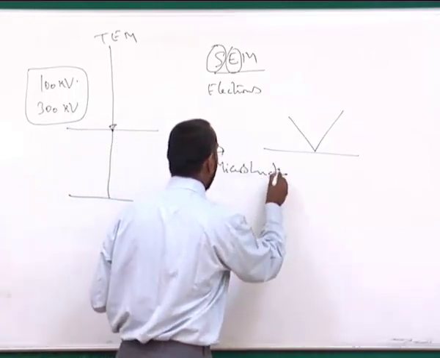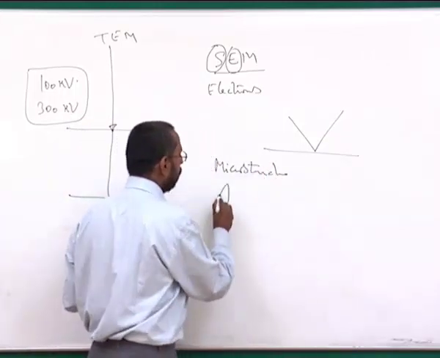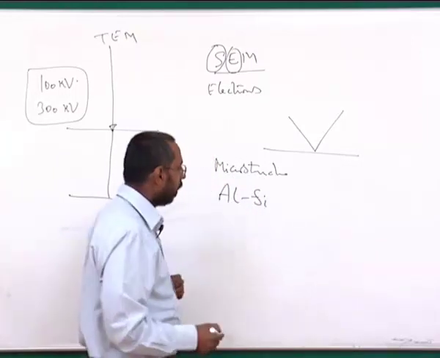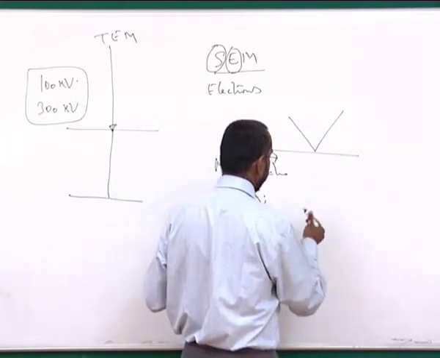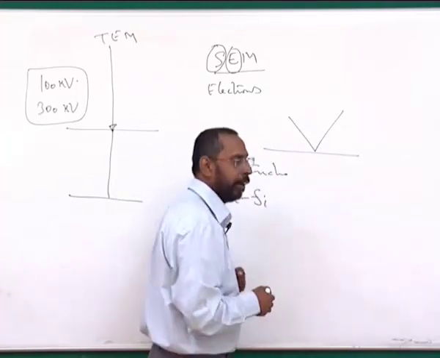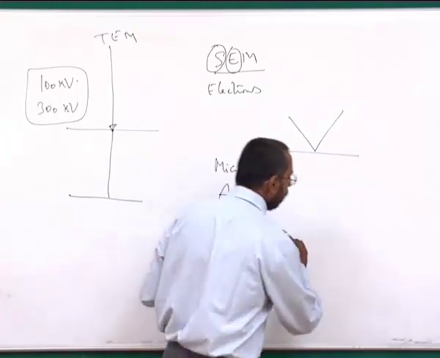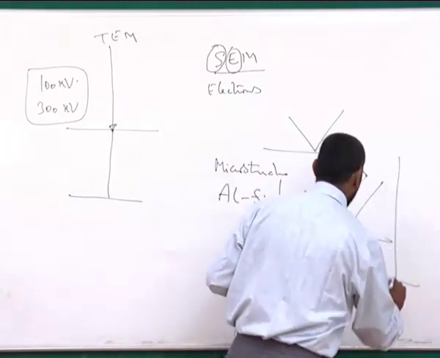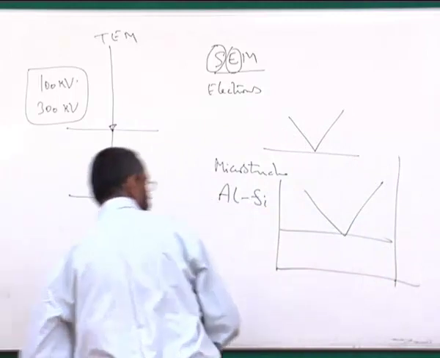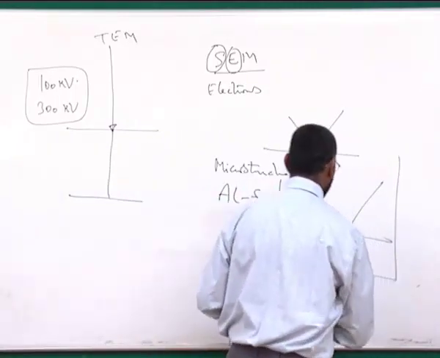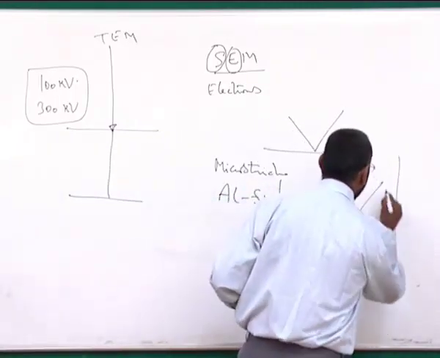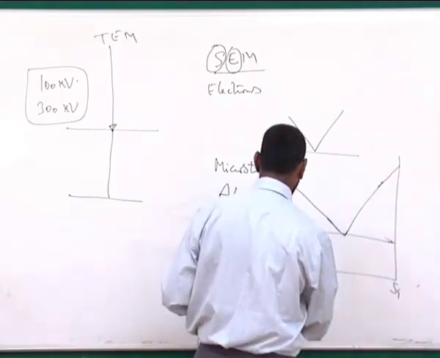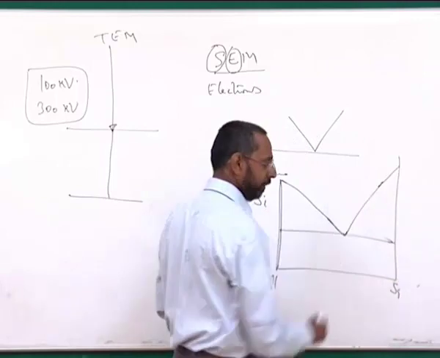For example, if you have an aluminum silicon alloy, we all know that in an aluminum silicon alloy, you have, depending on whether it is hypoeutectic or hypereutectic, a certain microstructure. Let's consider the aluminum silicon alloy, if you can look at the phase diagram, which is something of this sort, with aluminum on one side, silicon on the other side.